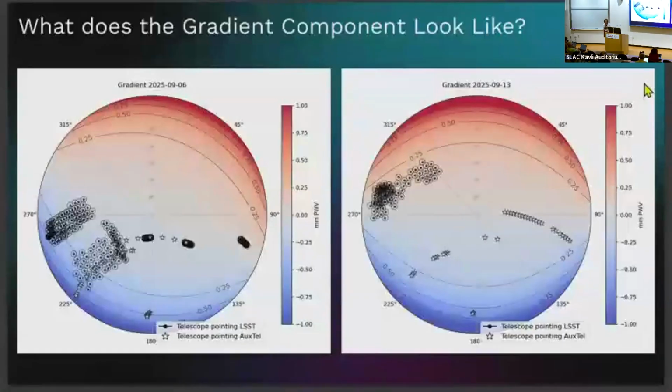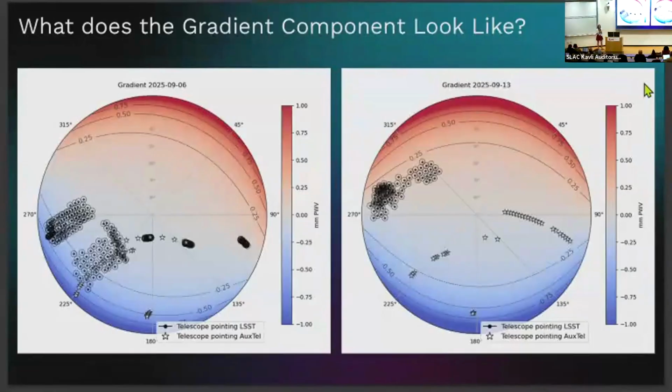So what do these actually look like on the sky? So here I am plotting the precipitable water vapor in millimeters of just the gradient component. I have two nights in September. So we have September 6th and September 13th. The gradient component, of course, varies with time, but in these plots, I'm just averaging over the night.